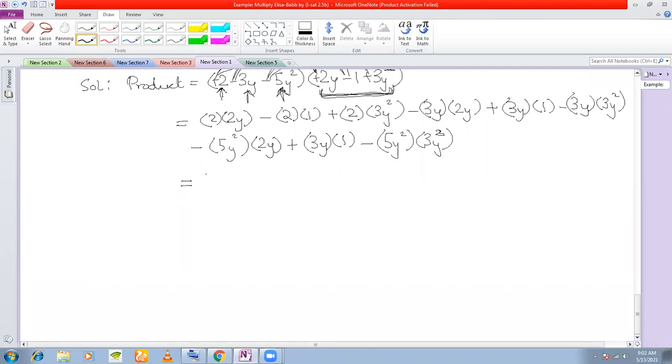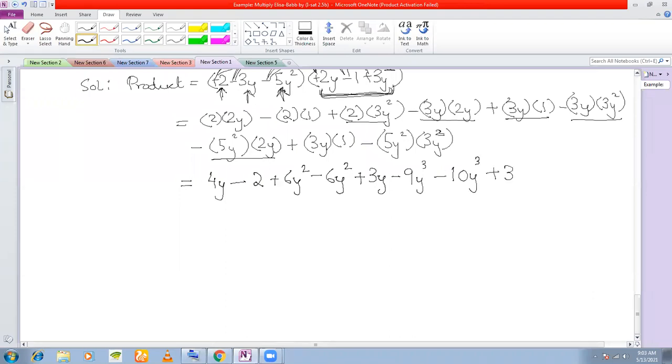Okay, so first you have this 2 into 2y will give you a 4y, minus 2 into 1 will give you a 2. 2 into 3y square will give you a 6y square. 3y into 2y will give you a 6y square. 3y into 1 will give you a 3y. 3y into 3y square will give you a 9y cube. 5y square into 2y will give you a 10y cube.